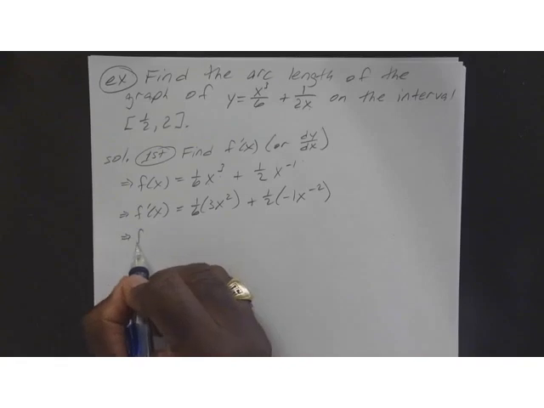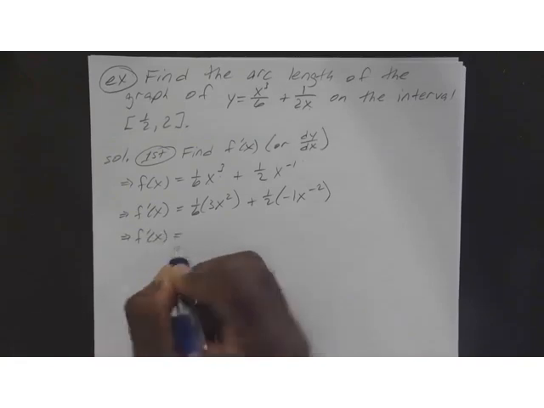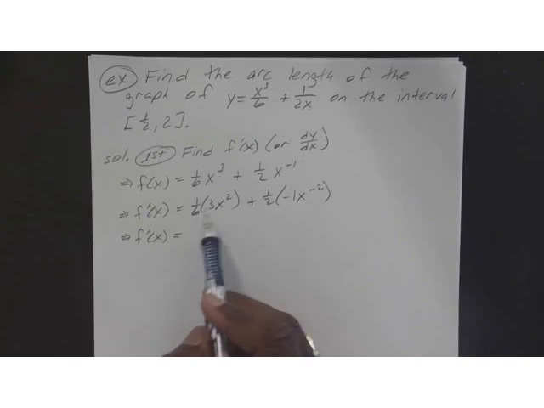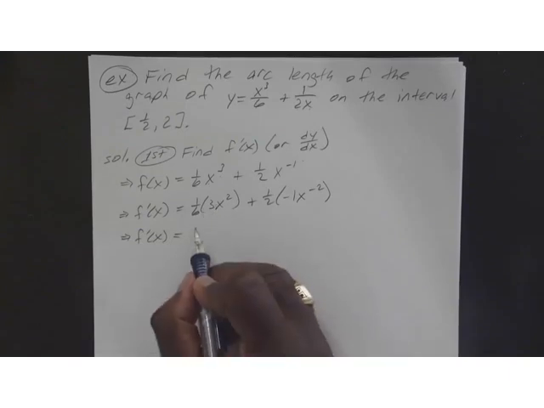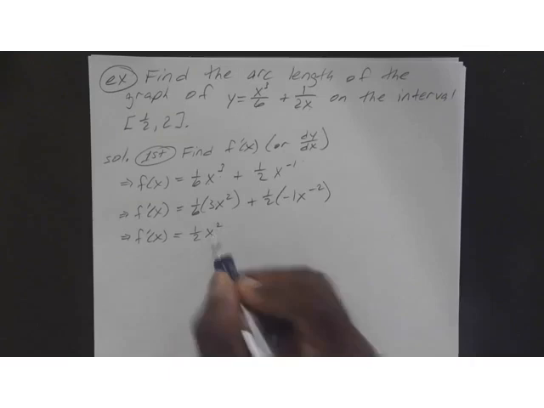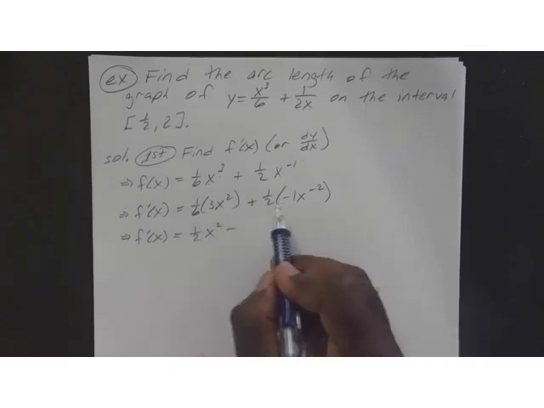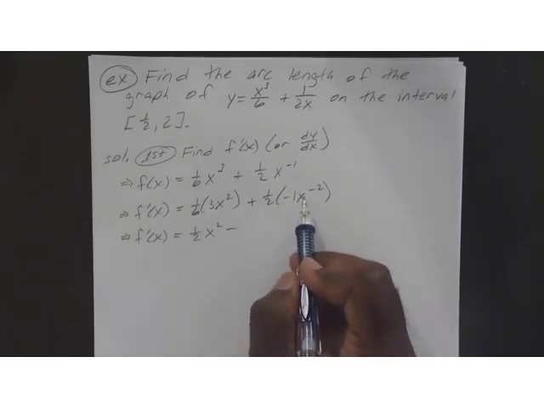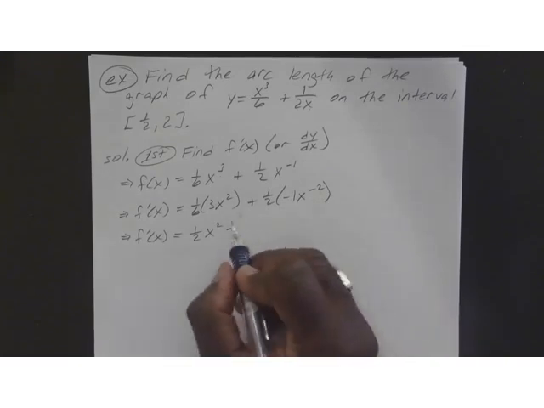That means our f prime of x is equal to 1/2 x squared, since 3 times 1 over 6 is 1/2, minus 1/2 times x to the negative 2 power.